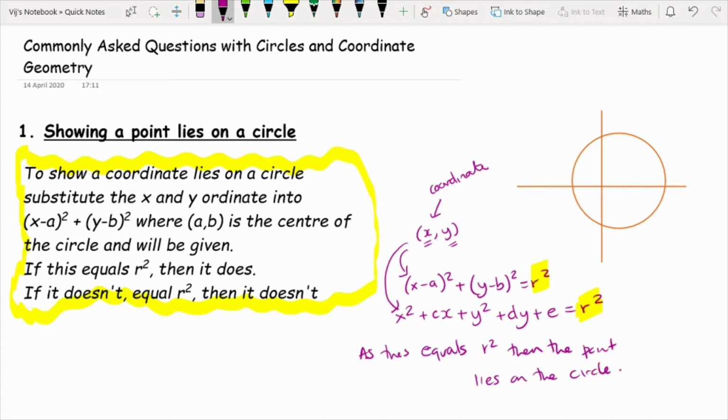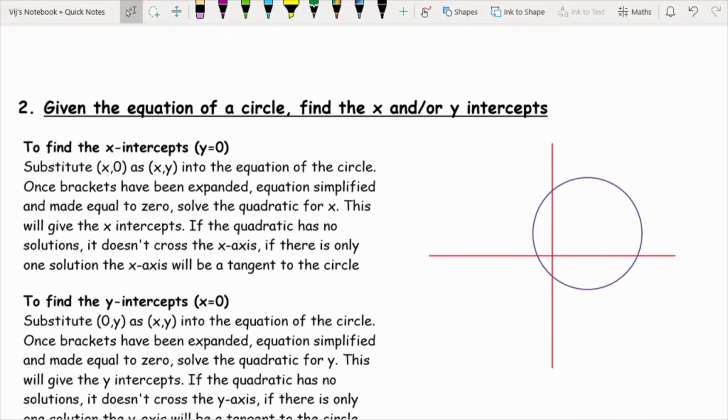So again, just to summarise, whenever it asks you to work out whether a point lies on a circle or show that it lies on a circle, just substitute the x and y ordinates of that coordinate into the equation of a circle, replacing your x and y values. If it equals r squared, then you're in business. If not, then the point does not.